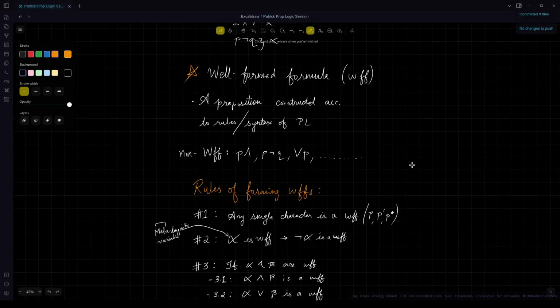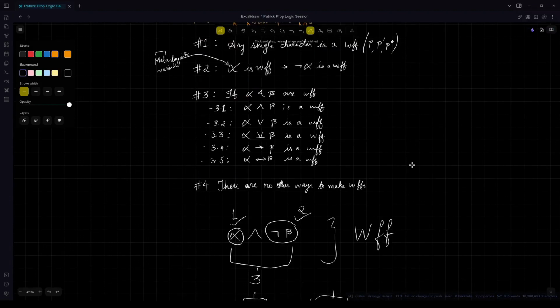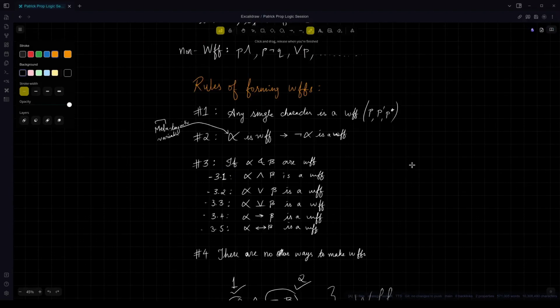Apart from that, there are four rules of propositional logic for forming well-formed formulas. We use alpha, which is a meta-linguistic variable, as a placeholder for a proposition, so this is any formula basically. Any formula is well formed if it is represented by a single letter and it is actually a proposition.